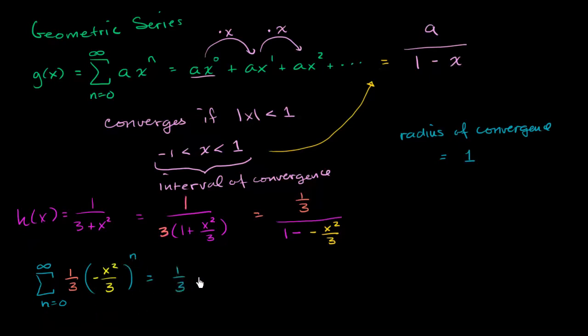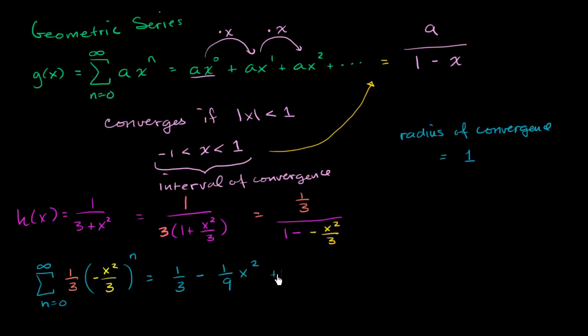And so each successive term is just going to be the previous term times our common ratio. So 1/3 times negative x squared over 3 is going to be negative 1/9 x squared. To go from that to that, you have to multiply by negative 1/3, and yet we multiplied by x squared as well. And now our next term, we're going to multiply by negative x squared over 3 again.